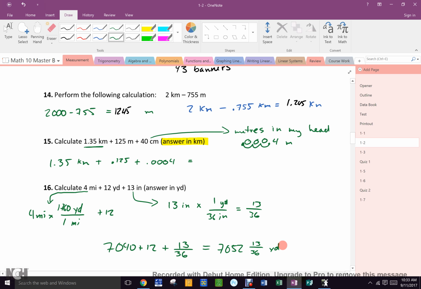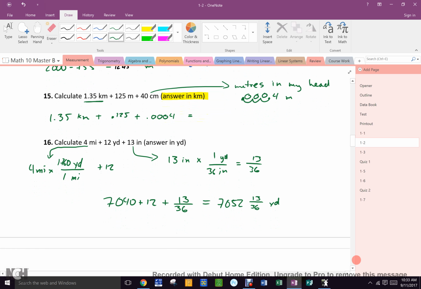What do you think it would be? Because that's the right answer, right? Can I make it better? It's not going to be any more right, but can I make it better? How many inches is that? 13 out of 36, isn't it? Don't I know something about inches? 12 inches is what? A foot.